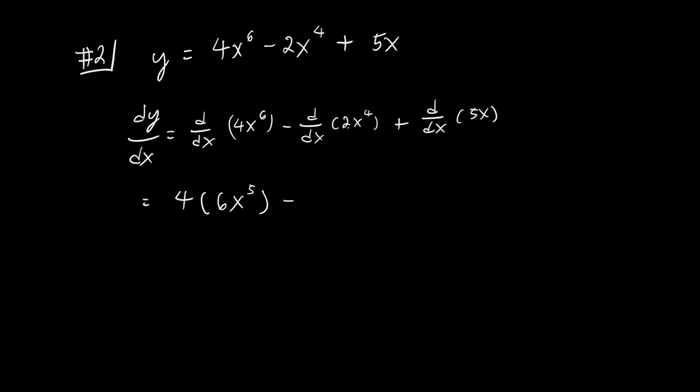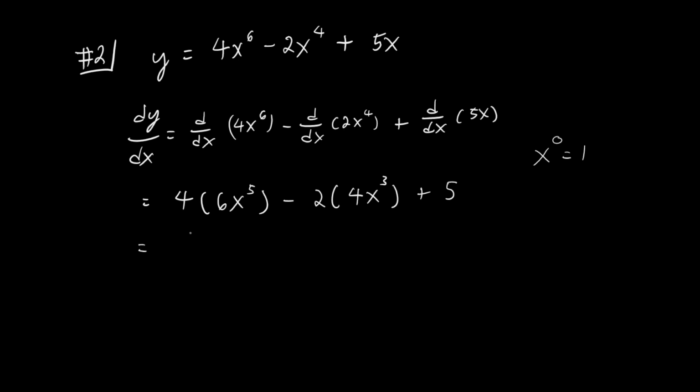minus the derivative of 2x raised to 4. The derivative of it, we just copy 2, then take the derivative of x raised to 4, which is 4x raised to 3. Then the last term is the derivative of 5x. The derivative of 5x is just 5 because the exponent of x will become 0 when you subtract 1, and x raised to 0 is equals to 1.